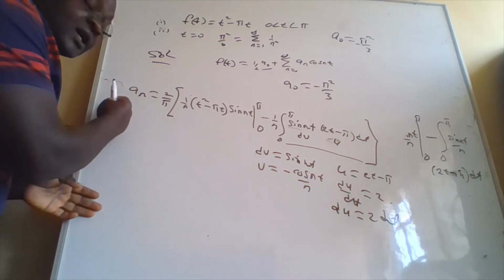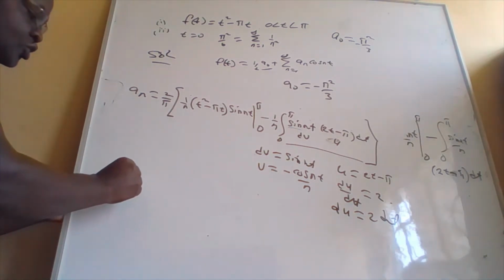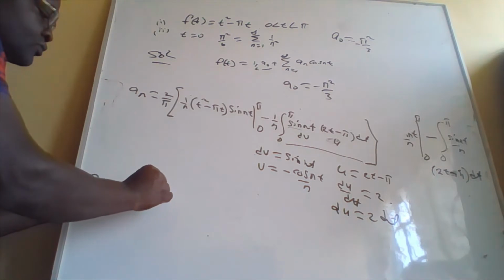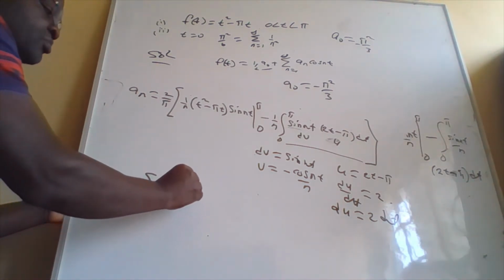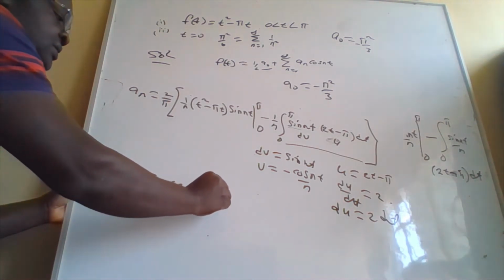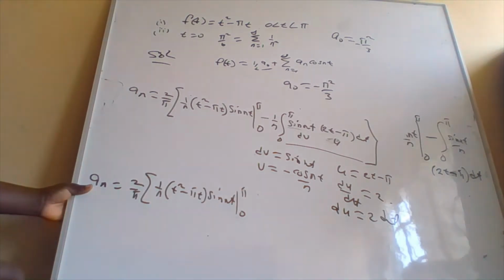Therefore, if I can rewrite all of this, I'll say that our an will be equal to 2 all over pi into t squared minus pi t sine nt. Of course, we have the limits.